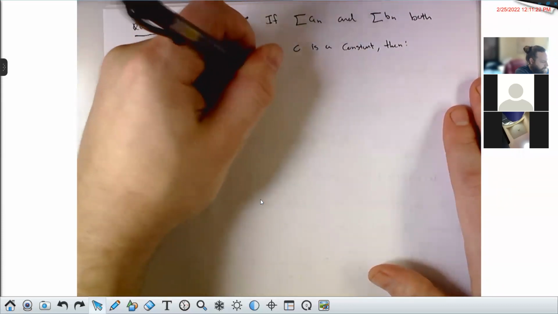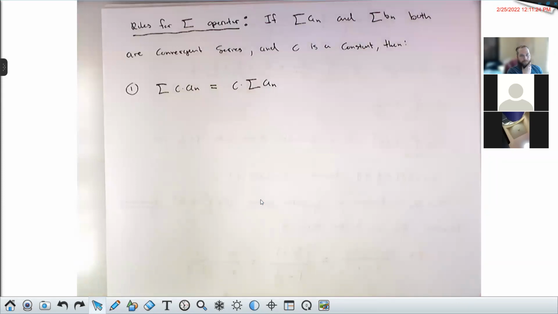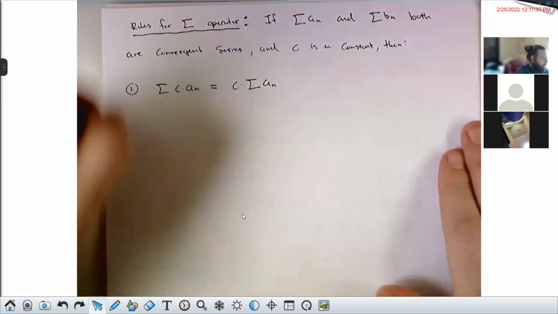So that's C times sigma of an. You can put in n from 0 to infinity or n from 1 to infinity if you want, as long as you use the same thing everywhere. But the idea is it doesn't matter what the starting value is.